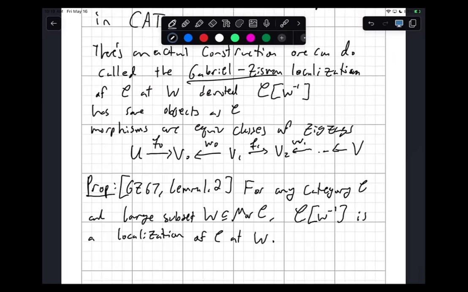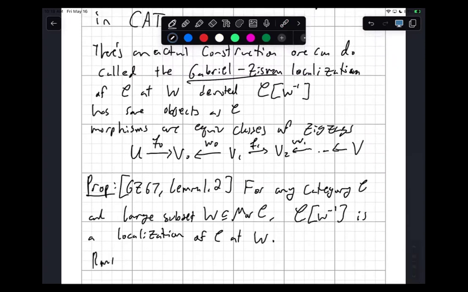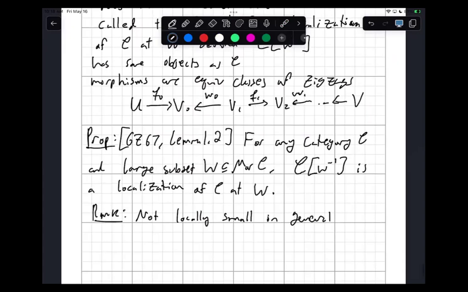However, it's not as useful as it might seem. It's not locally small, right? It's not locally small in general. Even, yeah, well, if C is small, then you're fine, right? But we typically want to localize large categories.